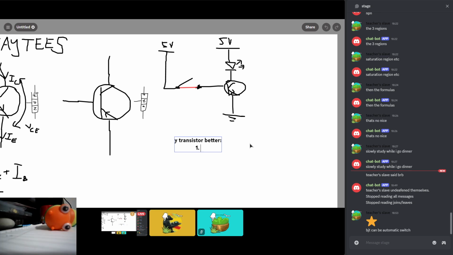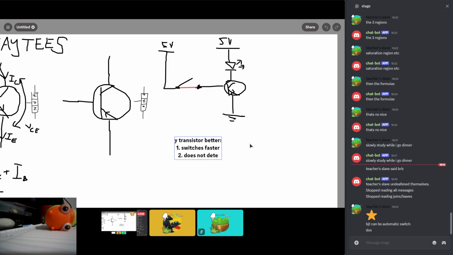Okay. Switching reliability. Oh, okay. Number one, it switches faster. Number two, it does not deteriorate as fast as mechanical switches, because mechanical switches have metal contacts, and when you press it, it bounces off the contacts, slowly deteriorating them. Well, a BJT does not have all that contact nonsense.